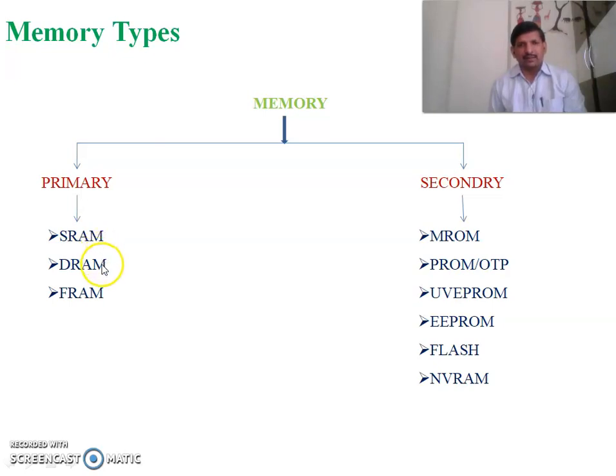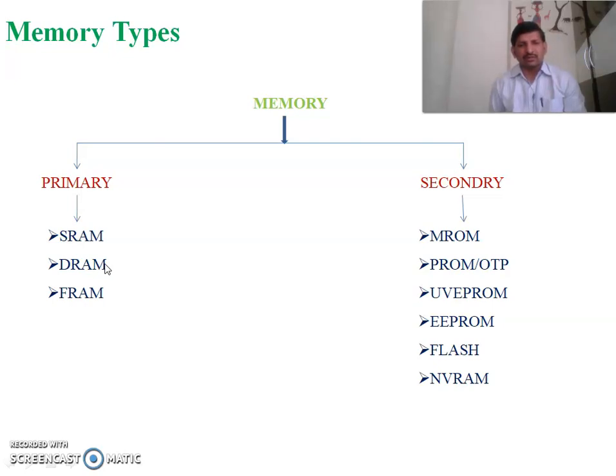Next, DRAM, which means dynamic random access memory. In DRAM, the information is stored in the form of charge. Since it stores the data in the form of charge, it requires refreshing.